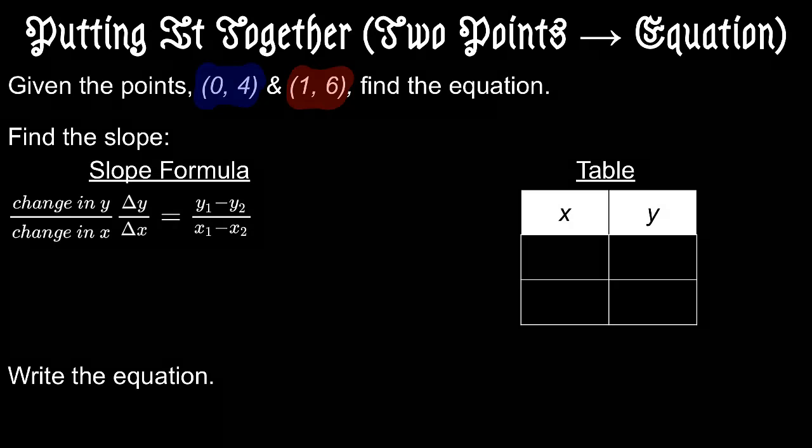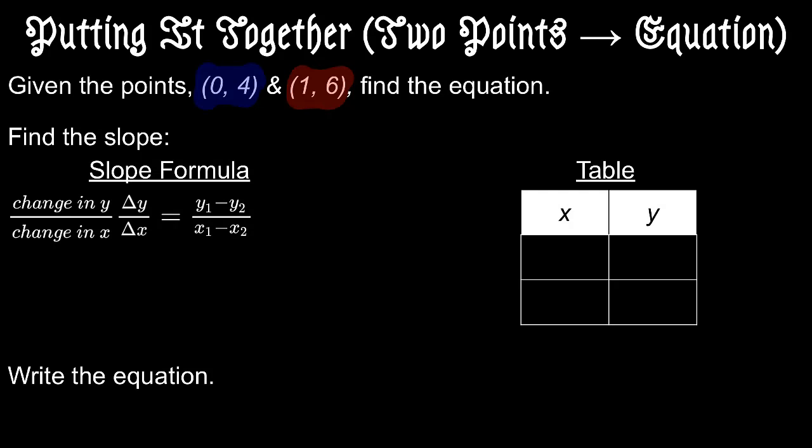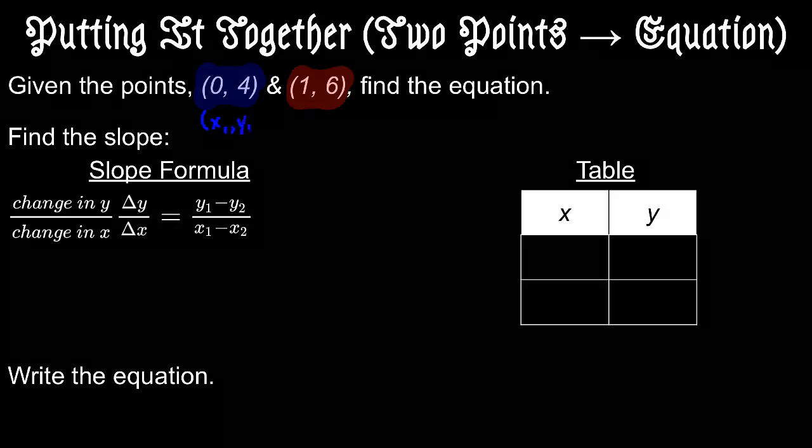All right? That's going to be important later. First, we're going to find the slope. And what we're going to do is identify one of these points as our first point and one of them as our second point. And the way that we're going to mark that is by saying, this is going to be (x1, y1), the blue point there, and the red point is going to be (x2, y2).